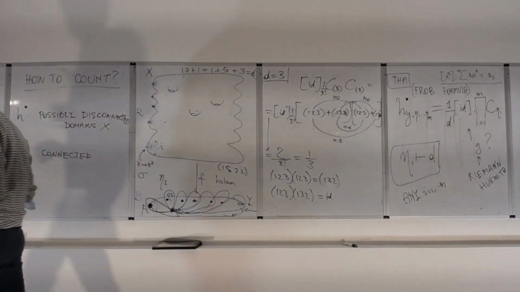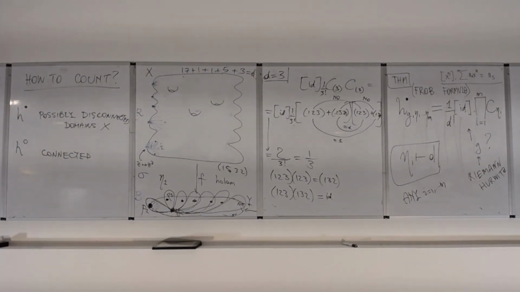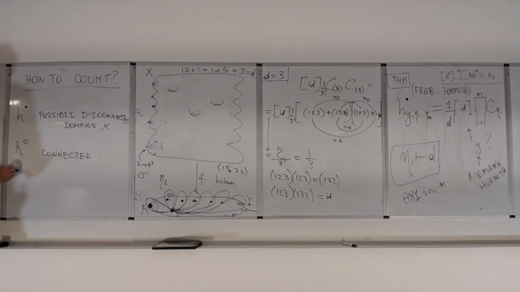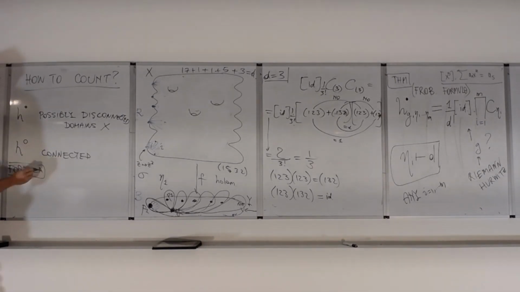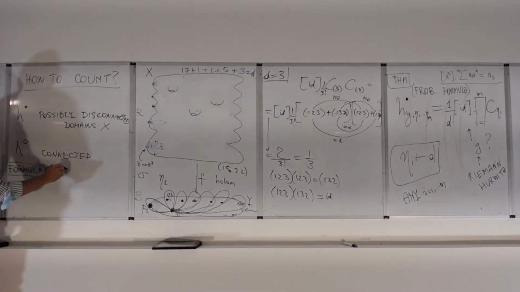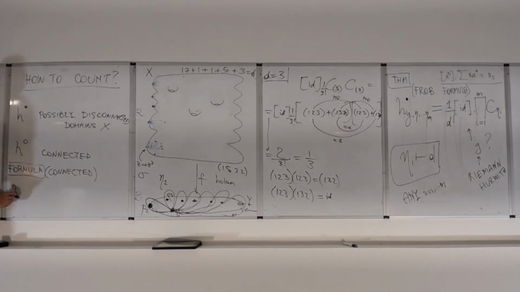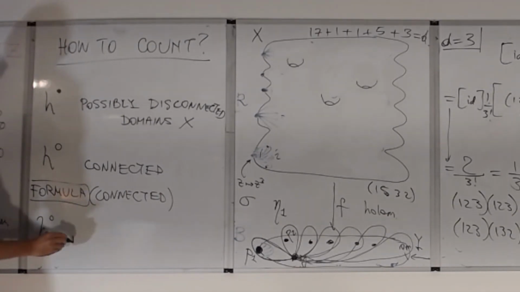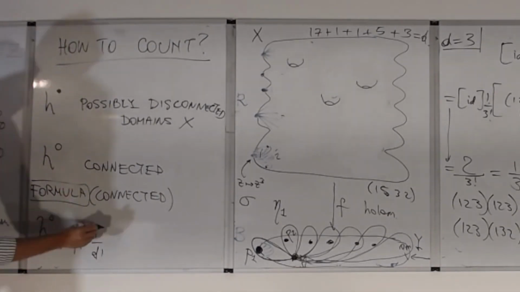And now you can ask, how do you count connected ones? The formula for the connected ones is the following: H connected, g, eta 1 through eta m, is equal to the same thing, identity.